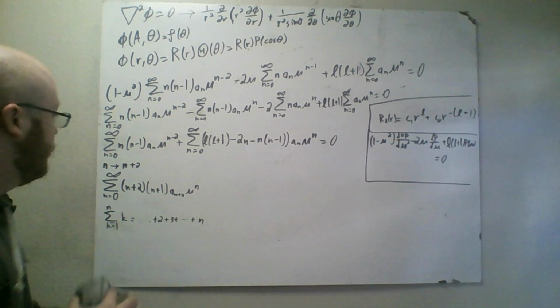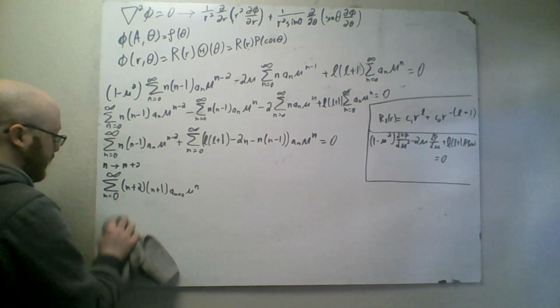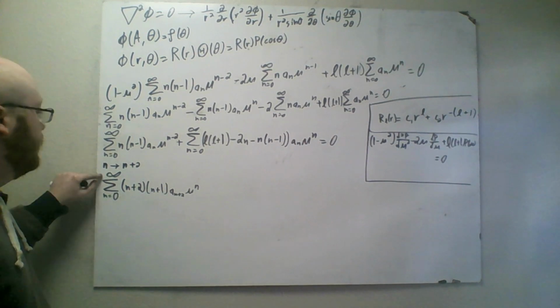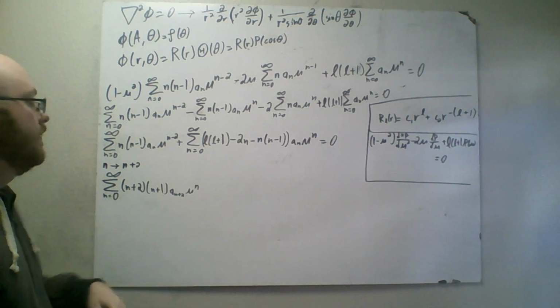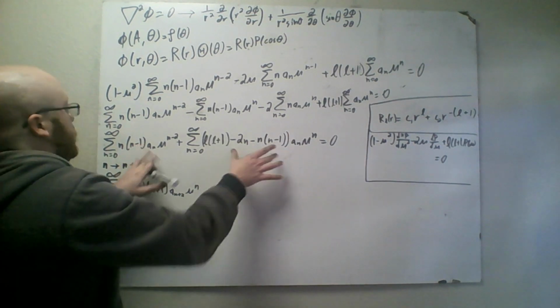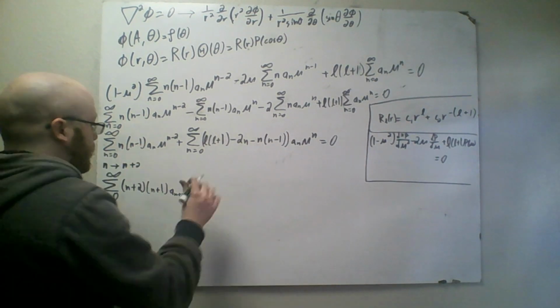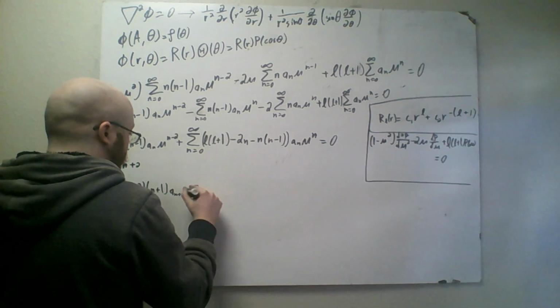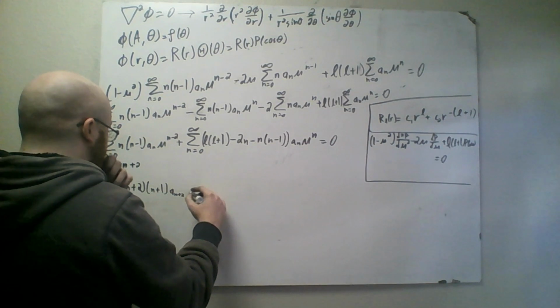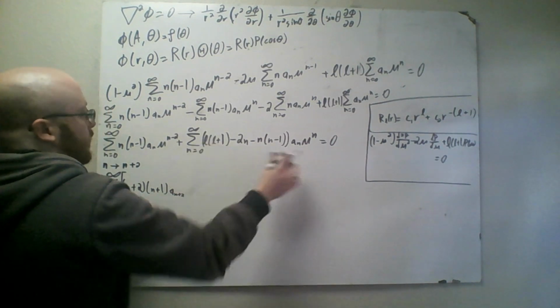Now that we've gotten this format, notice that everything is in terms of a sum from 0 to infinity of mu to the n, right? So now I'm going to combine these two as is. So for now, this is mu to the n. I'm going to factor out the mu to the n and put it at the end.